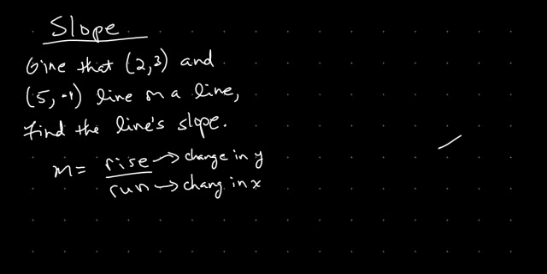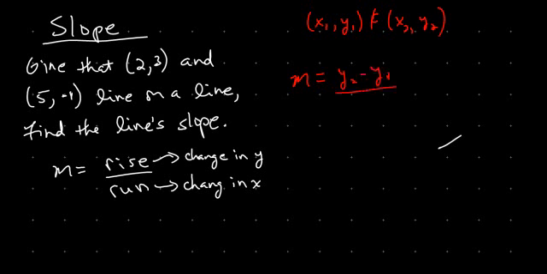So we can get that our slope m equals, given any points (x1, y1) and (x2, y2), the change in the y coordinates, y2 minus y1, divided by x2 minus x1. So we have our points here as (2, 3) and (5, -1).